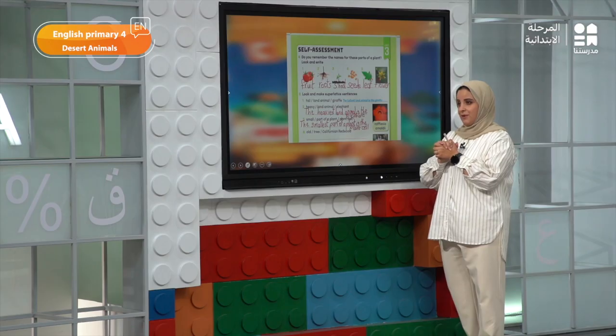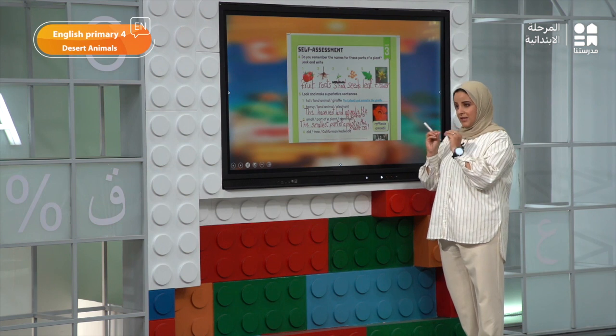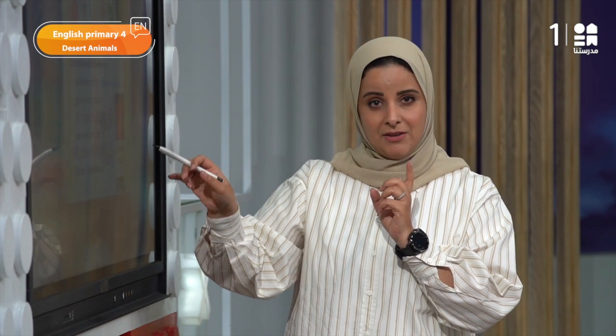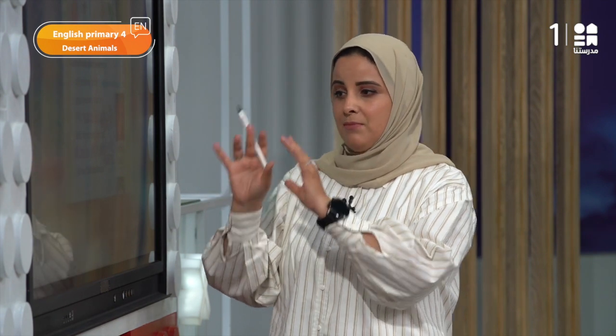Let's do it together. What are we going to say here? Very good. The oldest tree is the Californian redwood. يبقى تاني أنا كتبت Californian redwood with capital letters because it's a name of a tree, a name of a specific tree. So it's a proper noun.